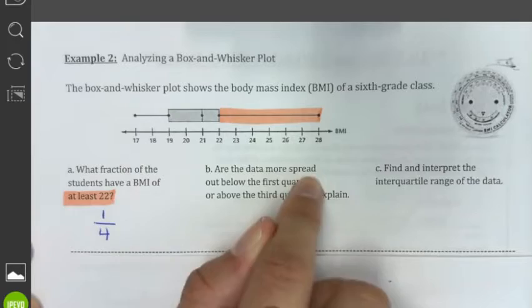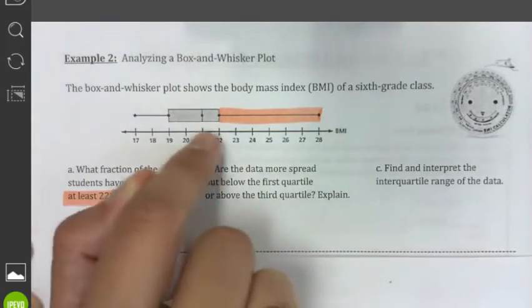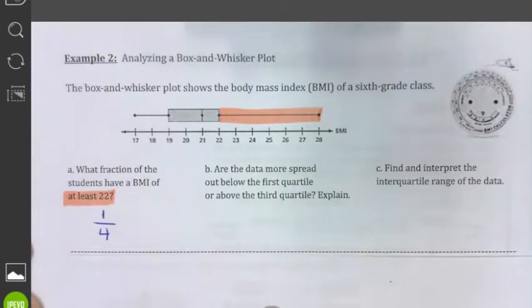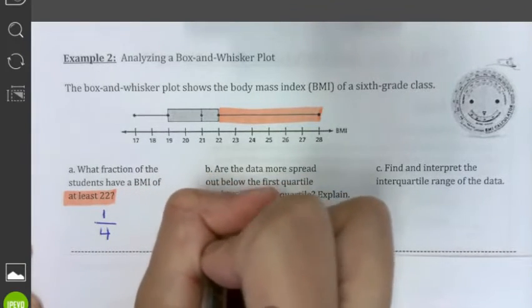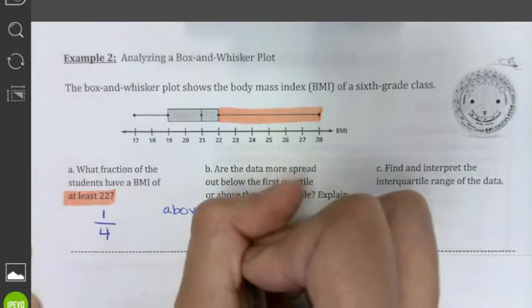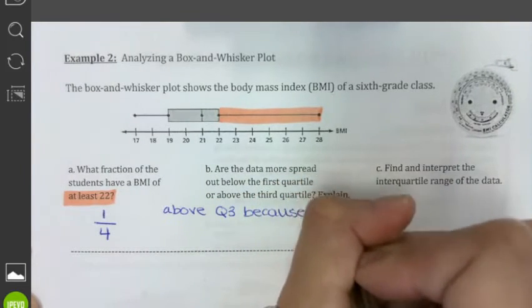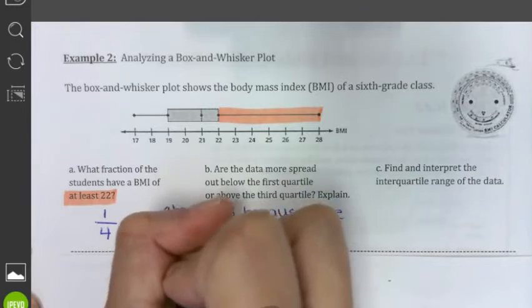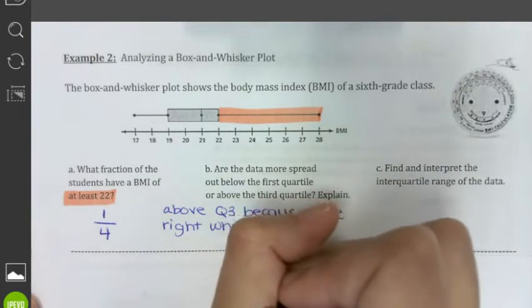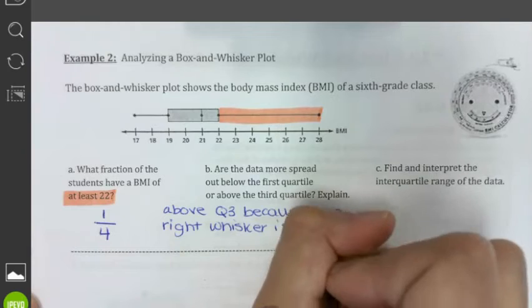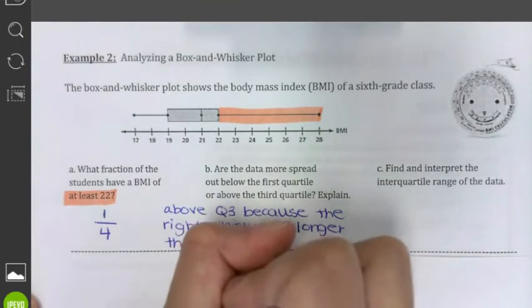Are the data more spread out below the first quartile or above the third quartile? We're going to say above quartile 3 because the right whisker is longer than the left whisker.